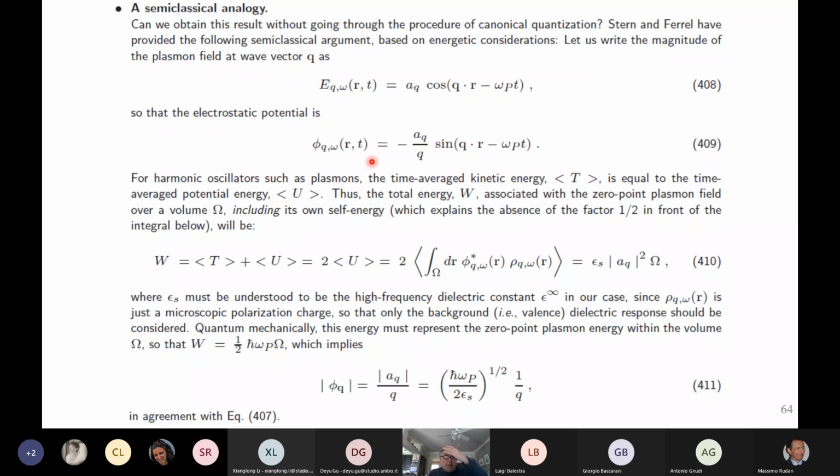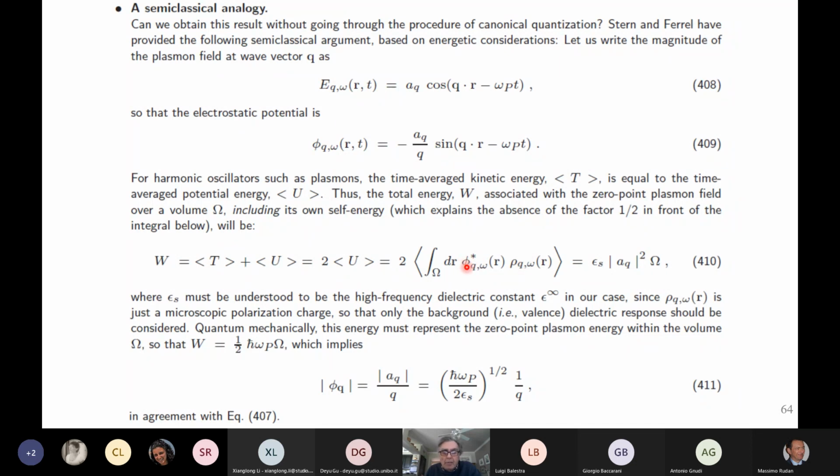Now, these are harmonic oscillators, and for these there is the virial theorem, if you wish, that says that the time average of the kinetic energy is equal to the time average of the potential energy. So I can consider the total energy of the system as twice the potential energy of the system.